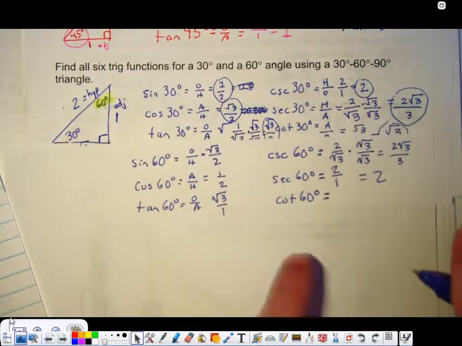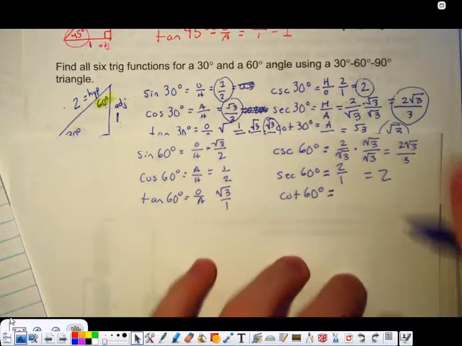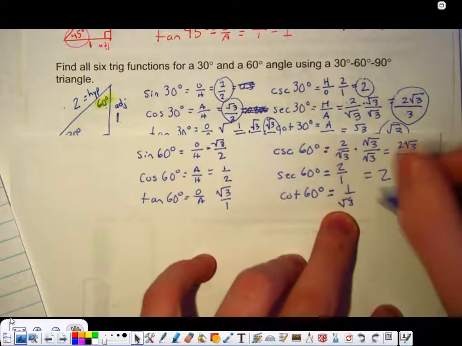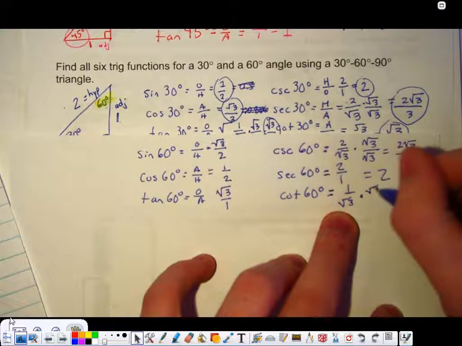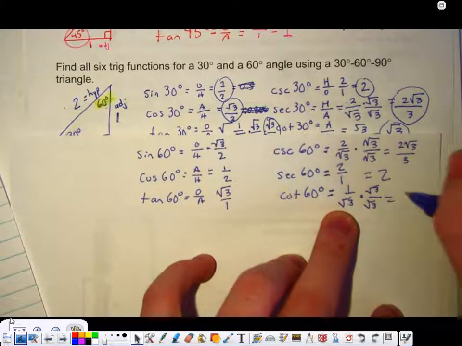And then the cotangent is going to be the opposite of tangent, and that's going to be adjacent over hypotenuse. So that's going to be 1 over the square root of 3, and you multiply both sides by the square root of 3. That's going to equal the square root of 3 over 3.